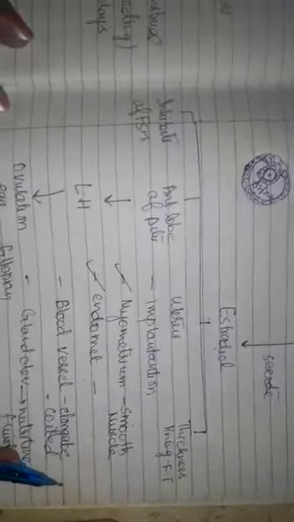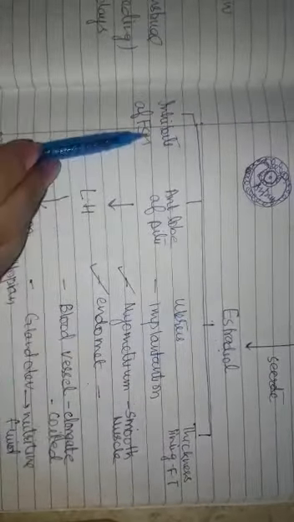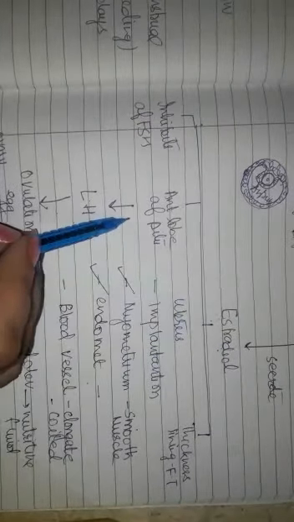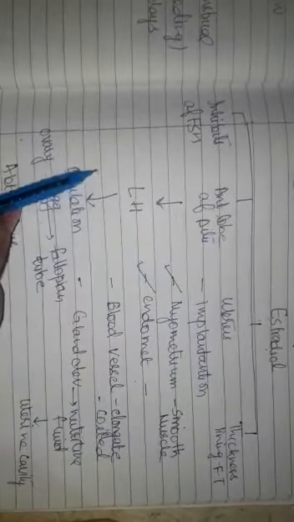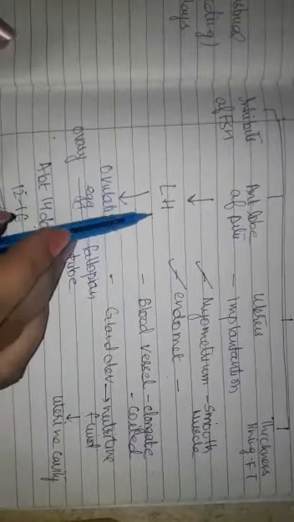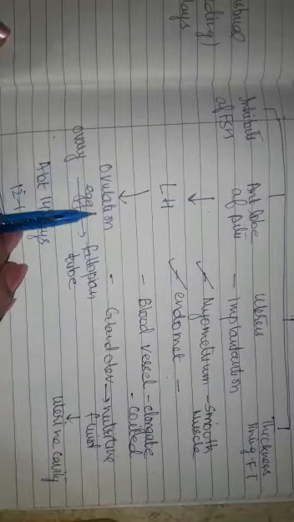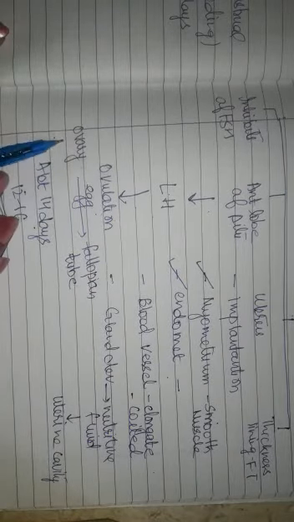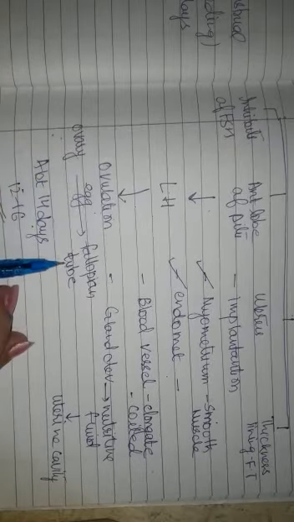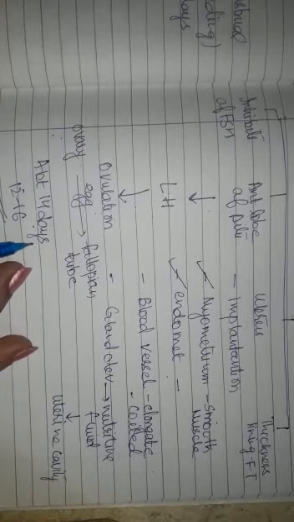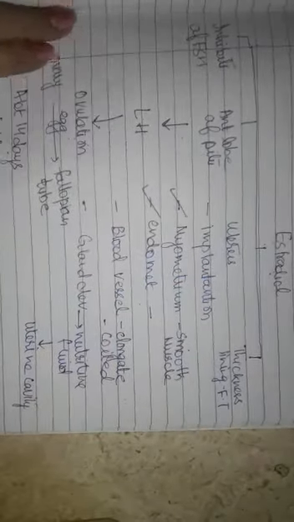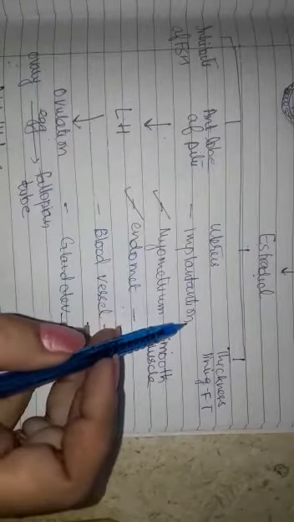Now where does this estrogen act? First of all, it inhibits the secretion of FSH, and it stimulates the anterior lobe of pituitary to release luteinizing hormone. Luteinizing hormone induces ovulation, that is release of egg from the ovary into the fallopian tube at the 14th day of the menstrual cycle. Estrogen also stimulates the uterus and prepares the uterus for implantation. How?